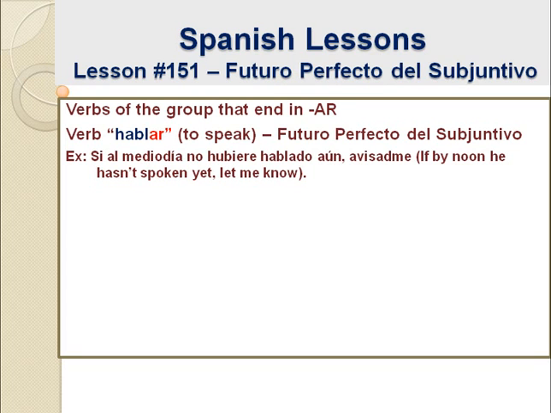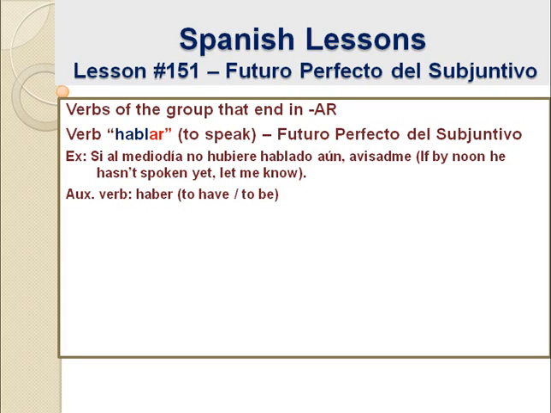So instead of using futuro perfecto del subjuntivo, we would use the conditional tense of the modo indicativo, right? But remember that, of course, this is the ideal way of declaring this sentence, and that's why we have to remember that this tense exists in Spanish, okay?